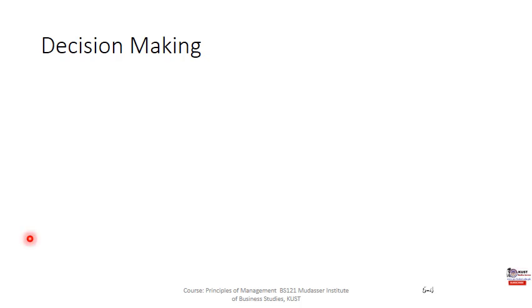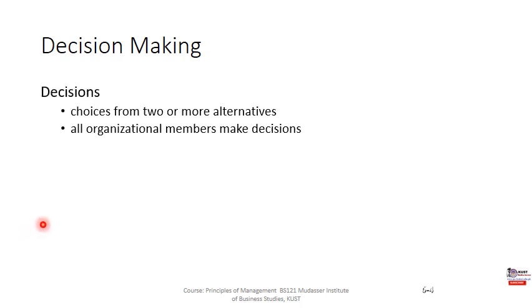Now first of all, let's discuss what a decision is. There are several concepts or definitions available about decision. Generally speaking, it is a choice from two or more alternatives. Or we can also say that it is a conclusion or resolution reached after careful consideration.